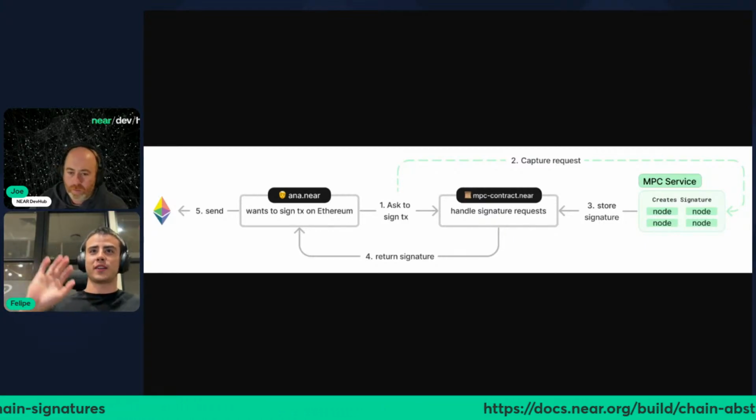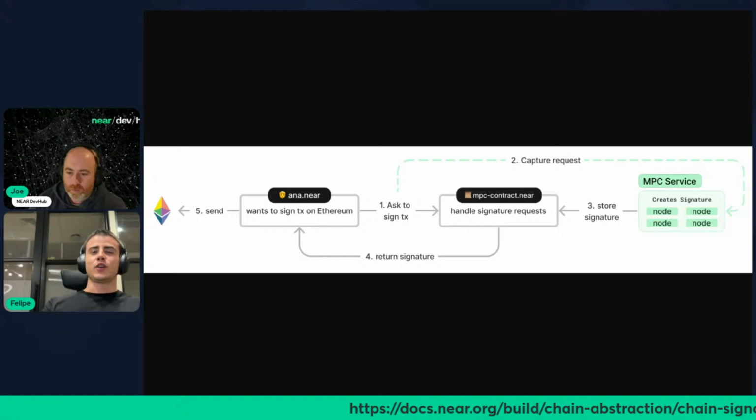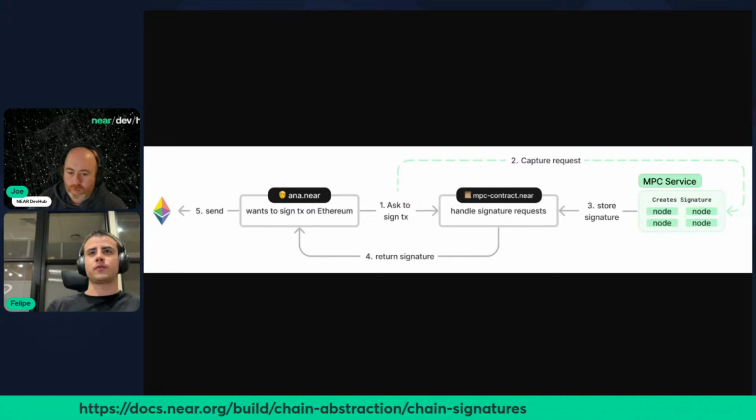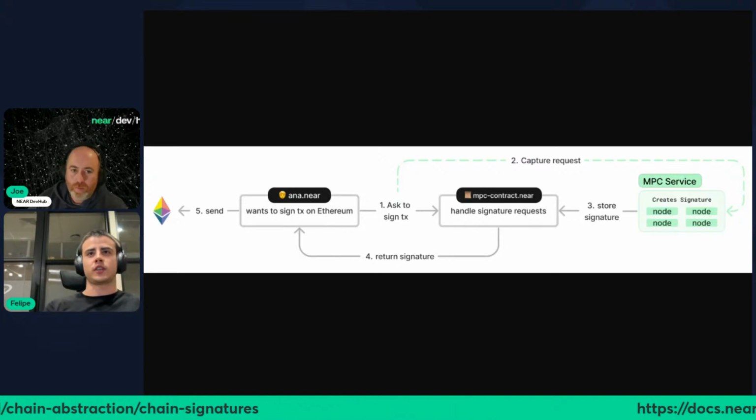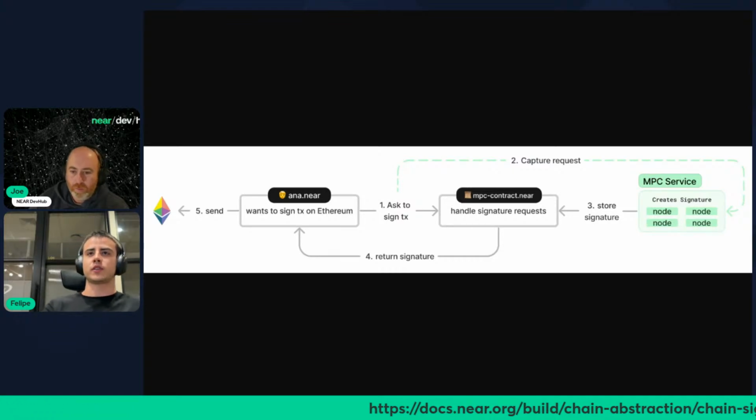This DApp can do whatever it wants on the other chain. So we limit the request for signature for function call keys. You can only ask for a signature with a full access key, and for that, we limit with a deposit. So you always need a signature.